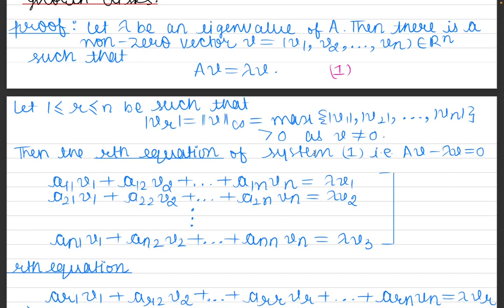Now let r, varying from 1 to n, be such that v_r is actually the infinity norm of v, that is, the maximum of the absolute values of the components of vector v, and this will be strictly greater than 0, as v is non-zero.